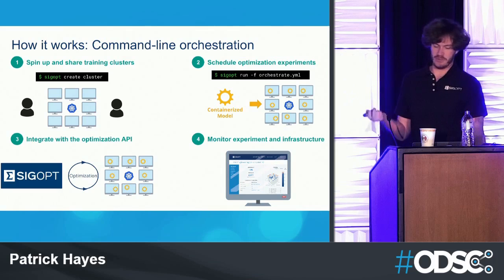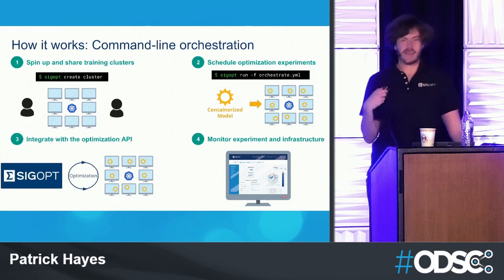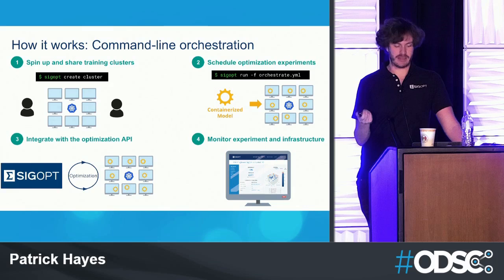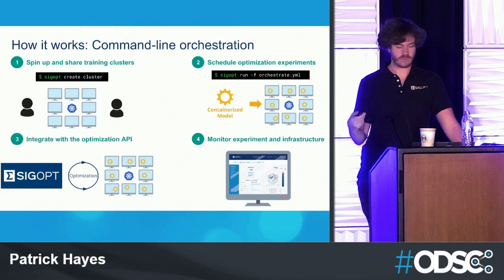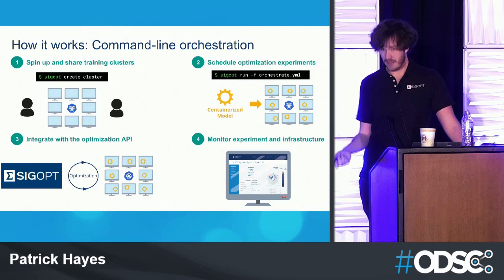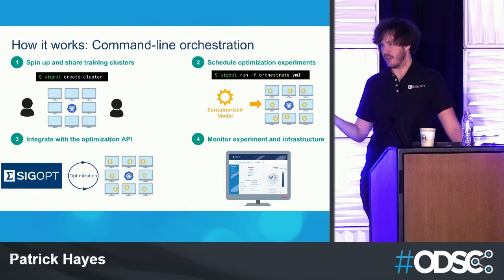So Orchestrate makes this simple. First, use the command line to launch a cluster of machines on your favorite cloud that you or your team will use to run your experiments. Second, you schedule optimization experiments to get distributed to your cluster, which runs the containerized version of your model across your available machines. This automatically integrates with our existing API to conduct hyperparameter optimization to get you to the best version of your model as possible.